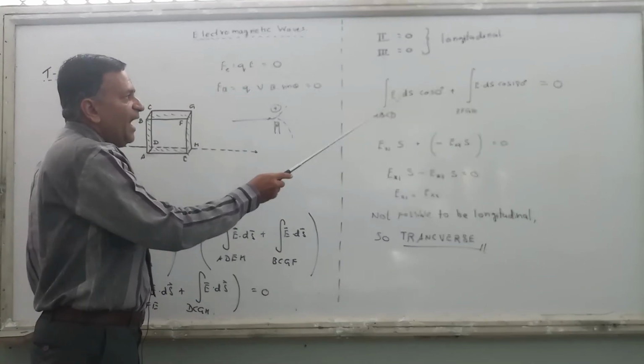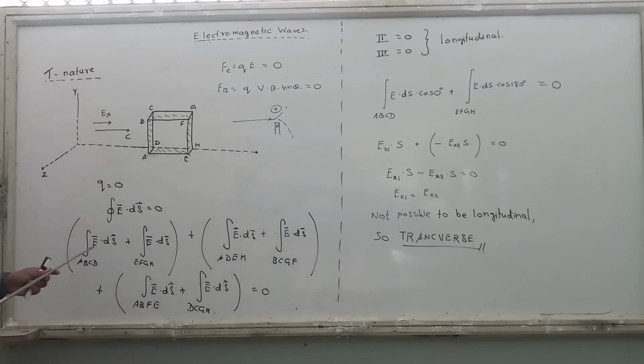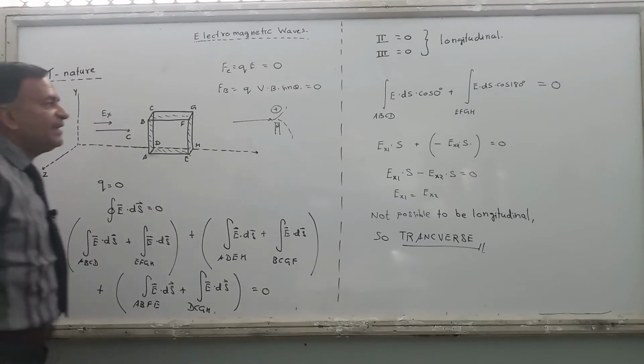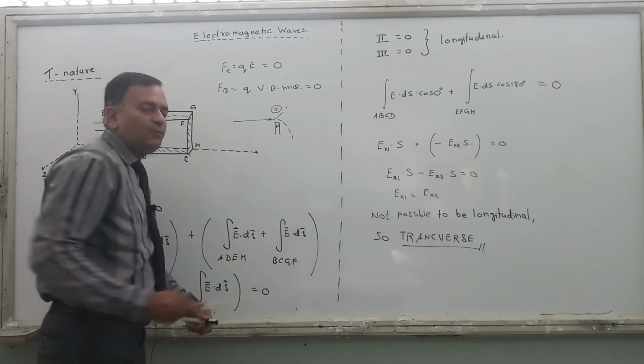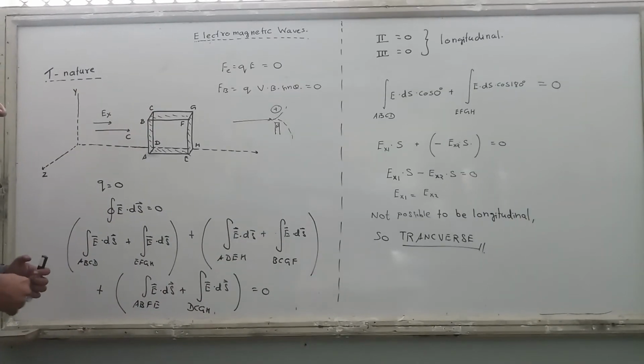All right, now this E dot ds को मैंने expand कर दिया. कैसे लिखा? E dot ds dot cos 0. Why this is 0? ठीक है, why this is 0?